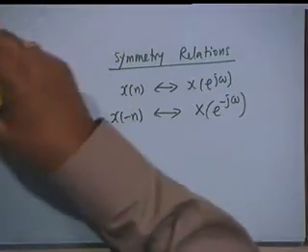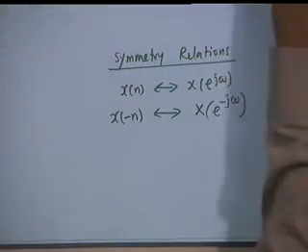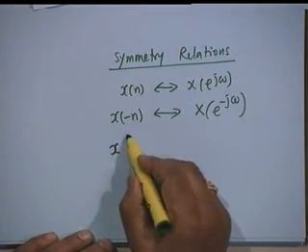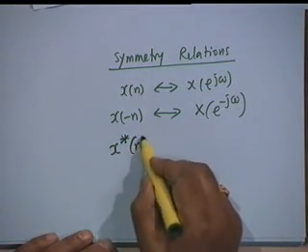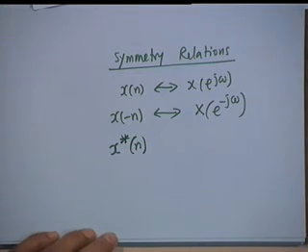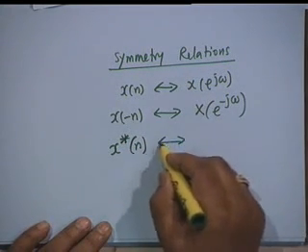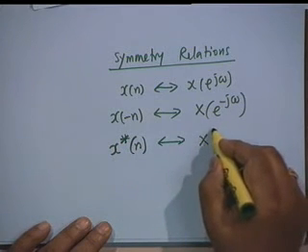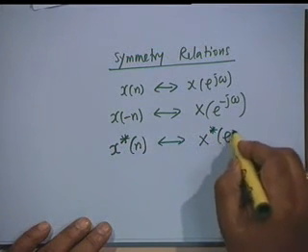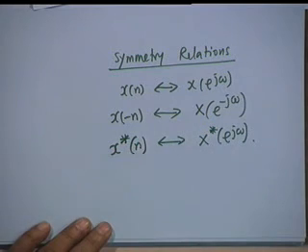The next relation is if you take the complex conjugate of x of n, if x of n is a complex quantity, then the corresponding Fourier transform is X star of e to the minus j omega. This is also not difficult to prove.